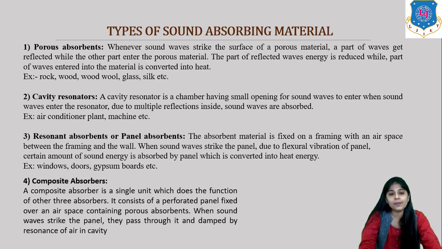And when the sound strikes the panel and passes through it, it will be damped by the resonance of air in the cavity. So the cavity resonator effect is also there. So in this way, the composite absorber is the sound absorbent that does the function of all three sound absorbing materials. So this is all about sound absorbing materials.